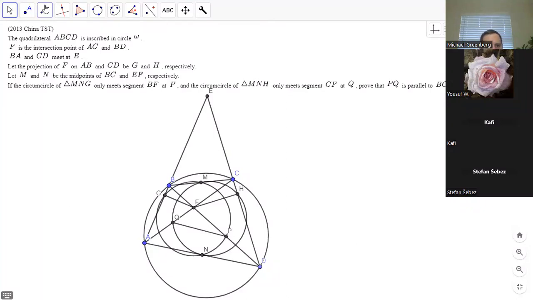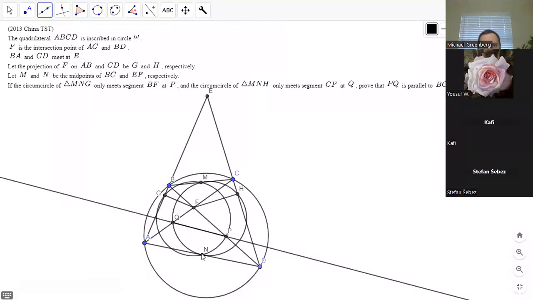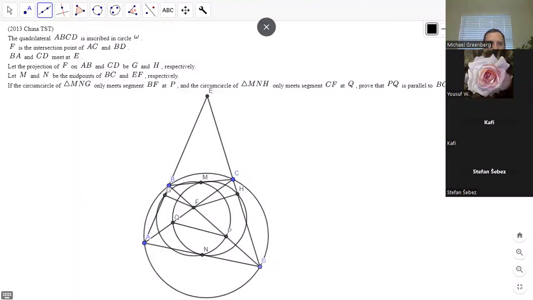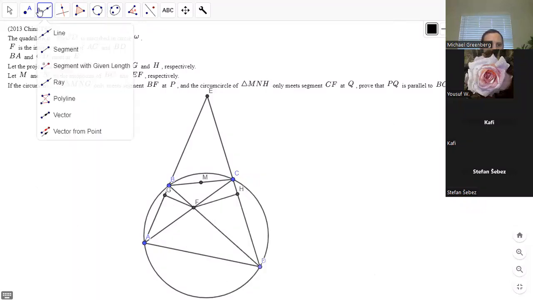It doesn't look really parallel. Oh yeah, PQ to BC. So I was thinking AB, so I must have done something wrong. So F is the intersection of AC and BD. Where do we use point E? Oh, the midpoints of BC. Oh, N is the midpoint of EF, not AB. So that's where I messed up.